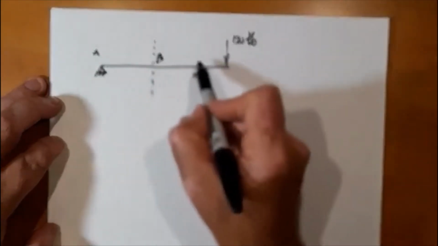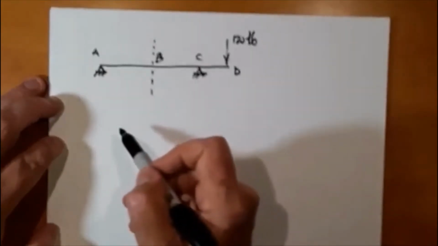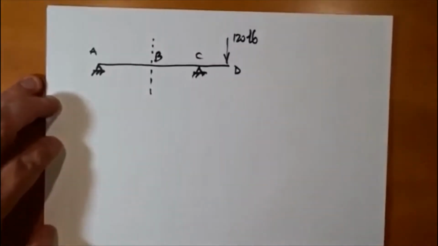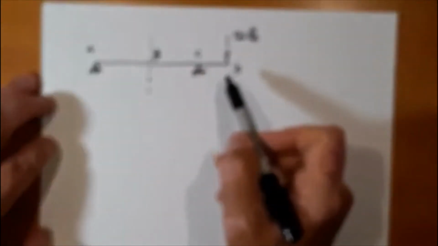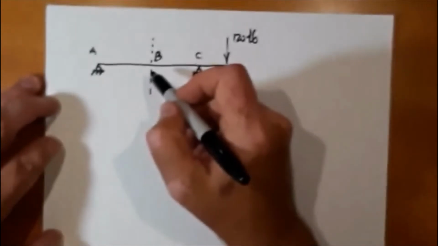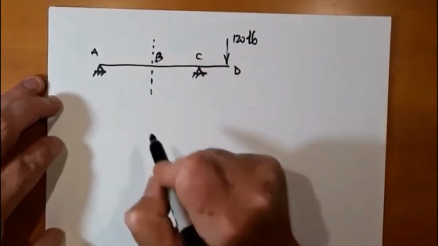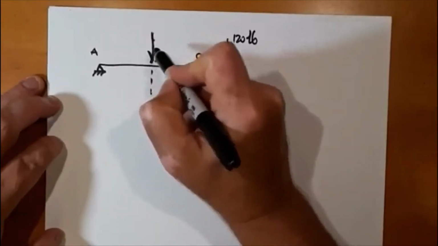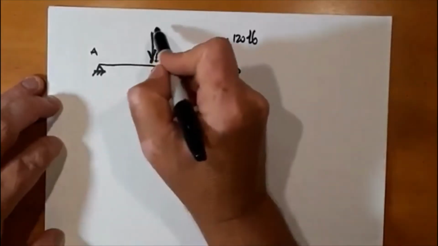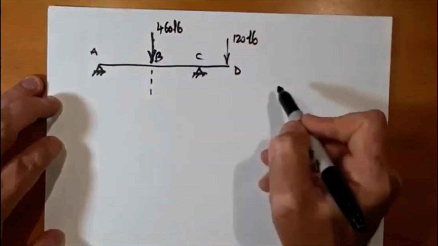So point A, B, I have C, it's a D. And because I'm dealing just with the shaft, the effect of the 180, the horizontal force, would be, so this is going to be the 460 pound force.